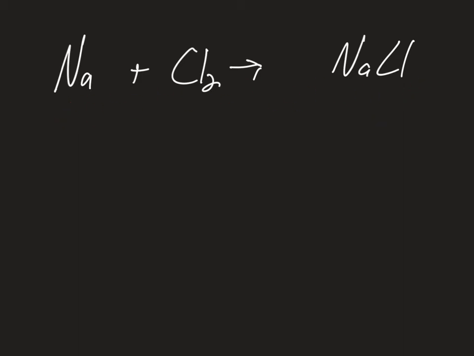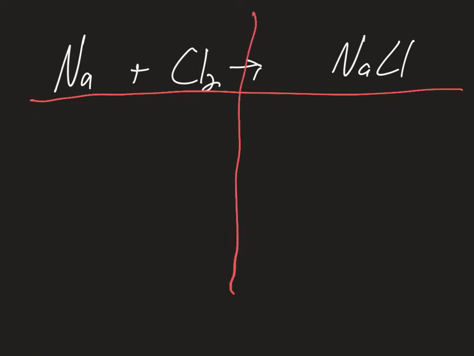Step 2. Now, for step 2, I'm going to go ahead and show you how it's nice to set up. Think about this as your equation, and this is your equal sign, right? And we need the same amount of each thing beforehand as we have afterwards. So I'm going to write every atom I have down here. I have sodium here, and I have chlorine here.